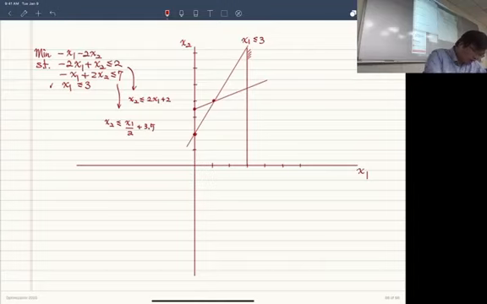So this will be my G3, and they are both smaller than, so the top is gone. And here is my G2, the other one is G1.